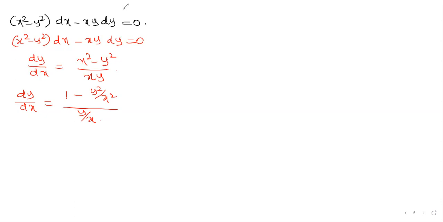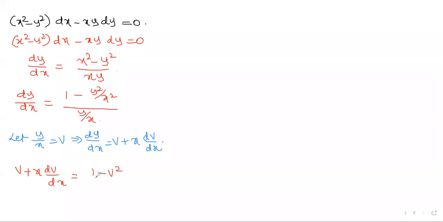So now here also we take let y by x is equals to v, and this implies dy by dx is equals to v plus x into dv by dx. Then v plus x into dv by dx is equals to (1 minus v square) by v.